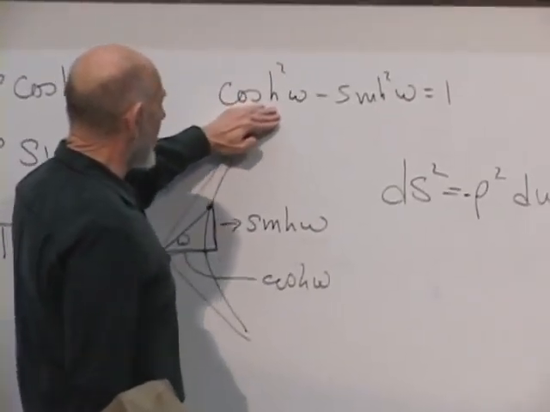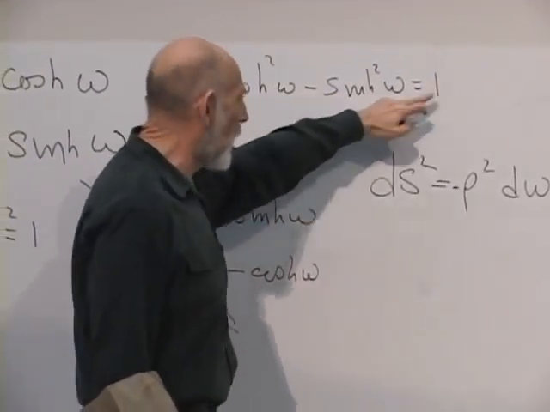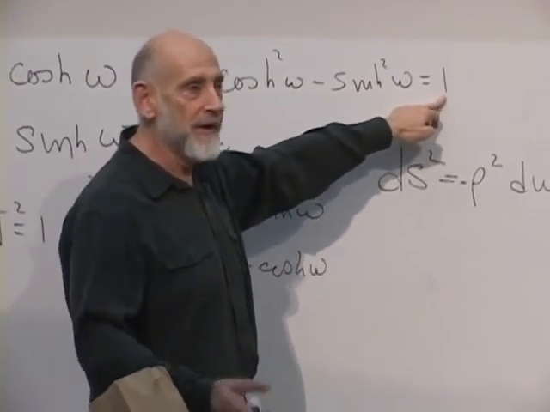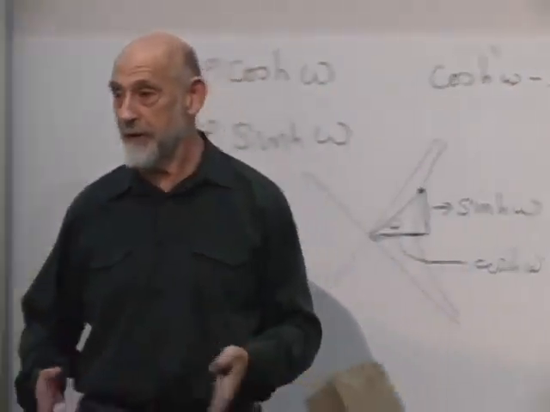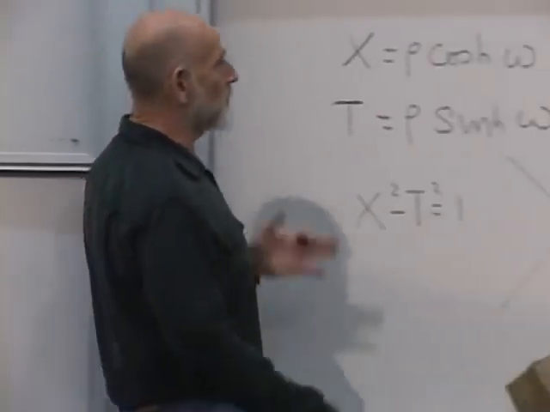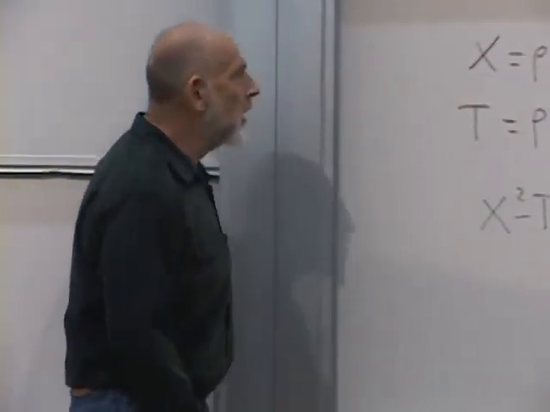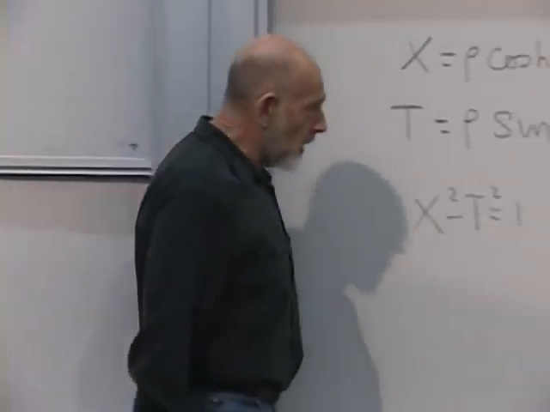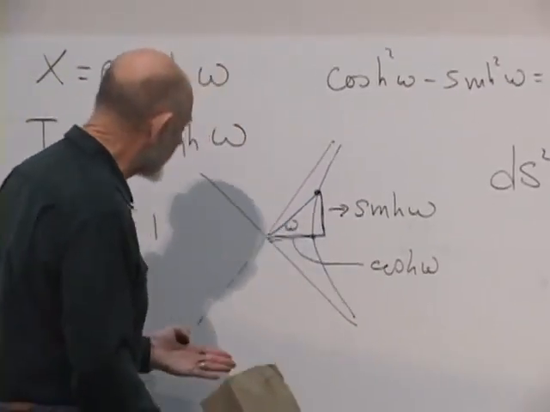If this gets very big, and the difference between cosh and sinh is only a tiny number 1, then sinh better get as big as cosh, apart from the difference 1. So if cosh is 100 billion, then sinh also has to be 100 billion minus a little tiny bit. So when omega gets large, cosh and sinh become very close to being equal to each other.